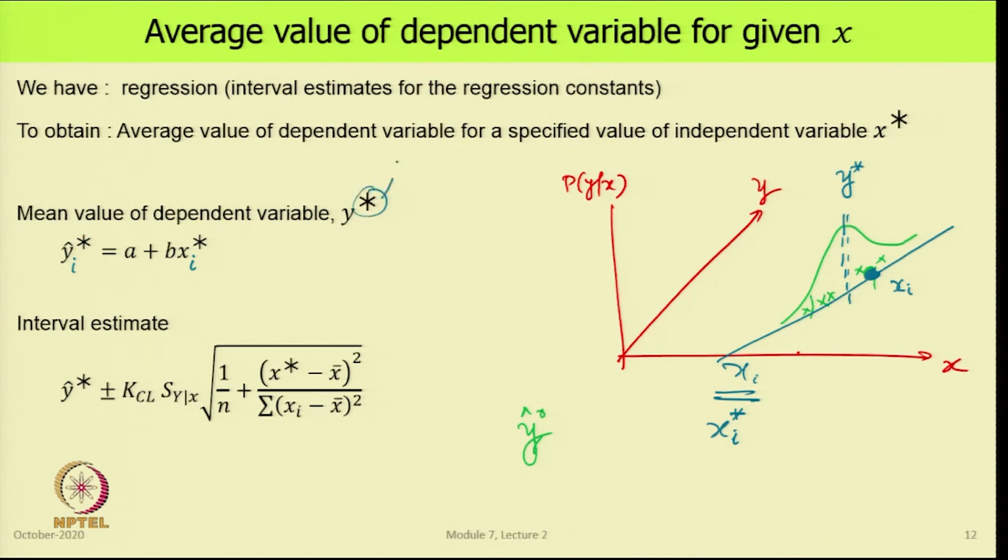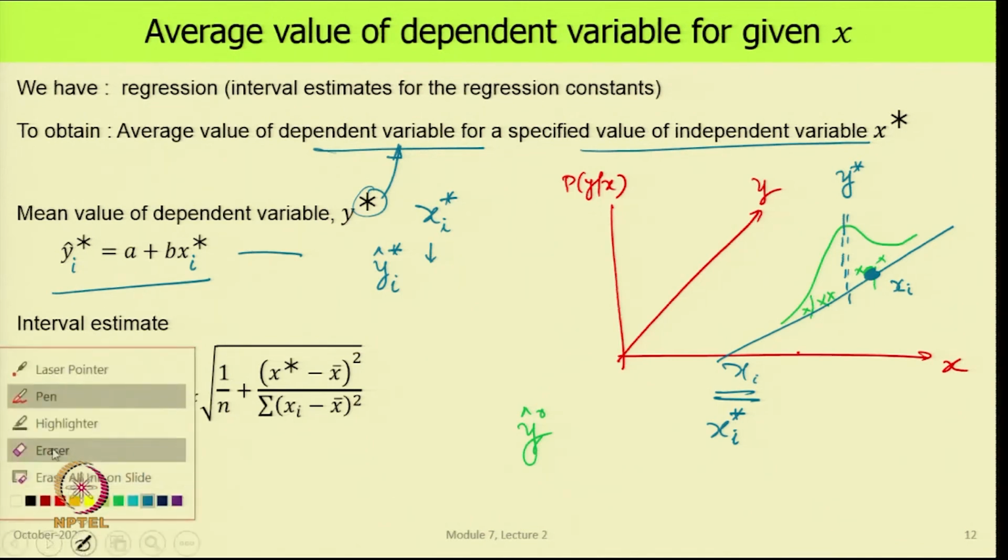So, this is telling us the average value of the dependent variable for a specified value of the independent variable. So, we are specifying xi star and saying, using this correlation, I am predicting yi hat star. That is what this formula tells us. Now, the question is, well, we did not put this i there.